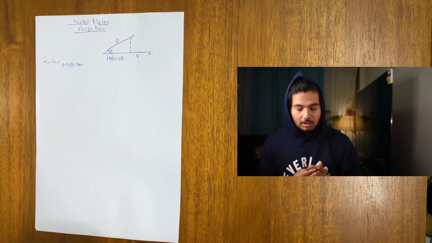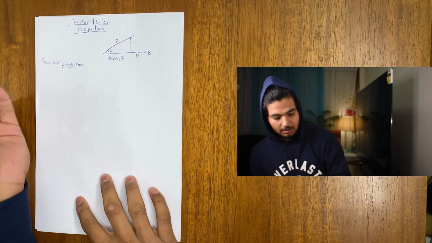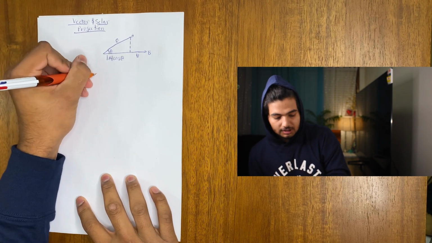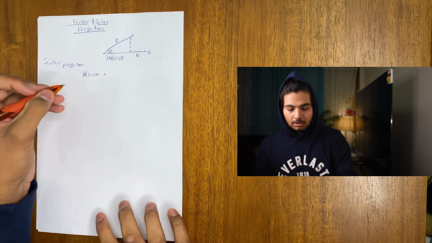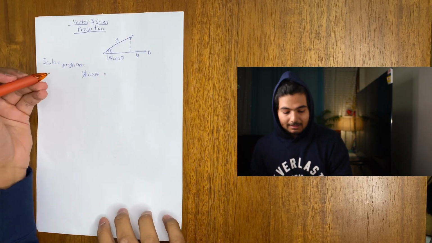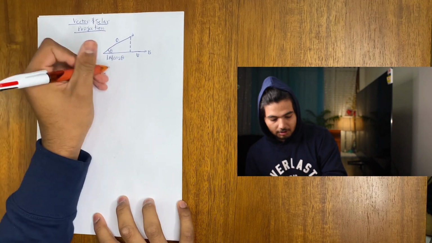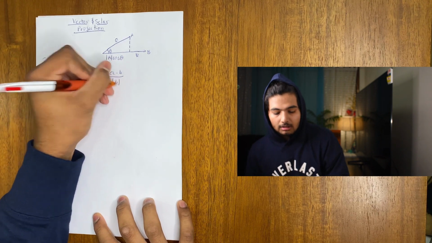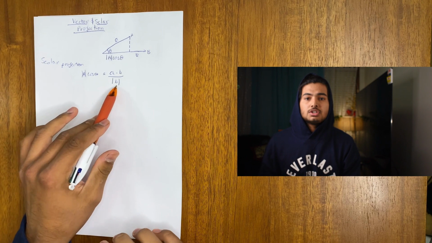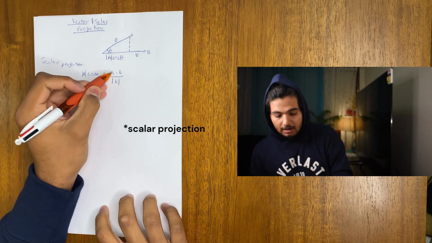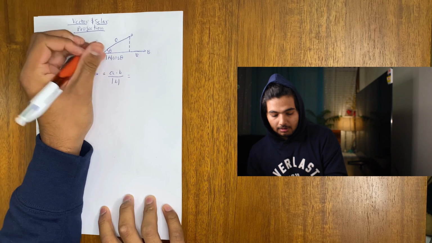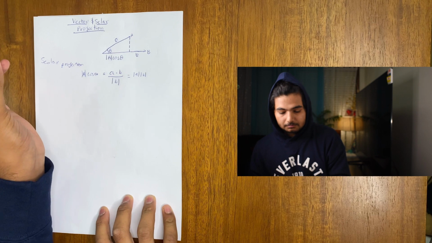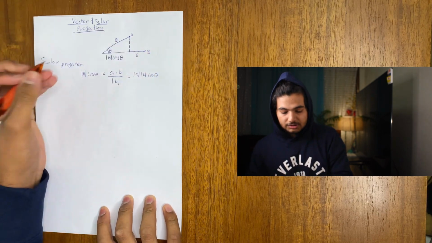So the formula for scalar projection then becomes magnitude of vector A multiplied by cos theta. To further simplify this, we can rewrite this as A dot B all upon the magnitude of B. That is the textbook formula, but A dot B is also written as magnitude of A multiplied by magnitude of B multiplied by cos theta.